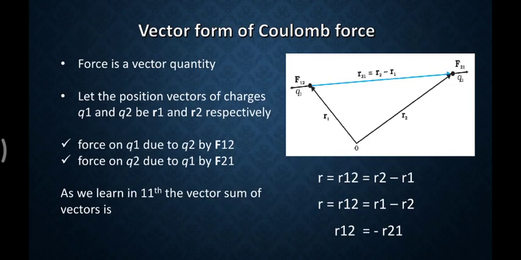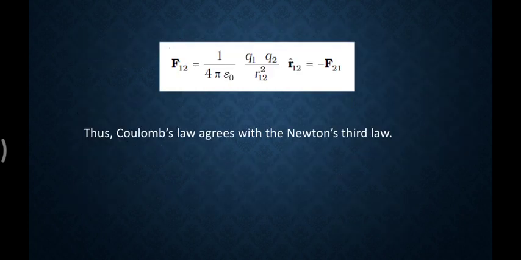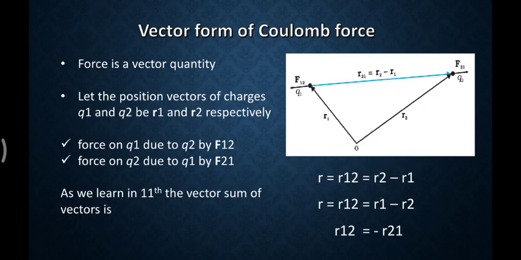So as we have seen here, r12 cap is the minus of r21 cap. So if you replace the unit vector r12 specifically, F21 is minus. Why? Because r21 is equal to r2 minus r1, and r12 is equal to r1 minus r2.